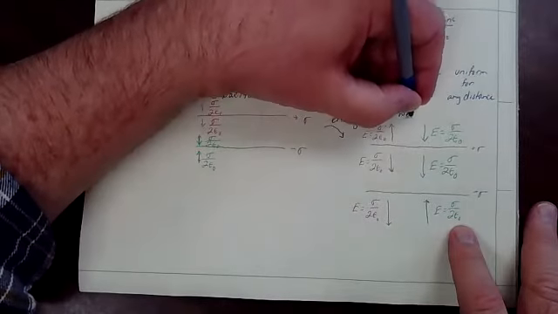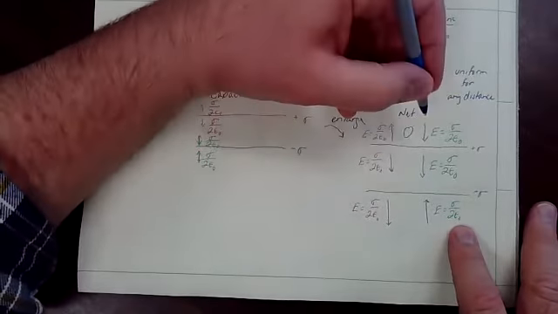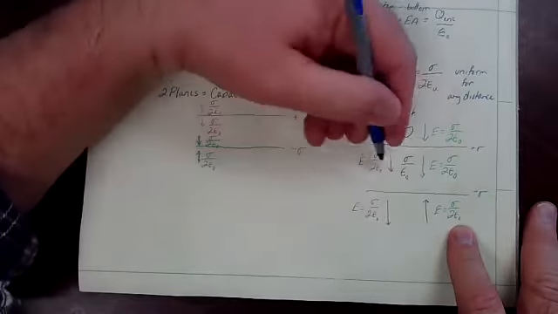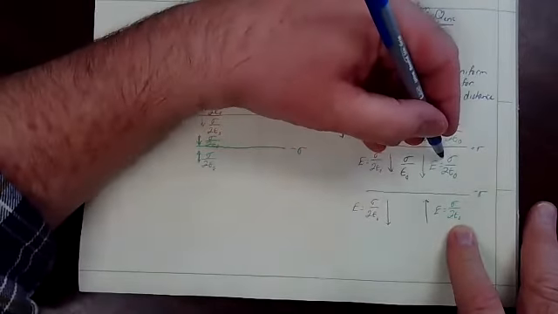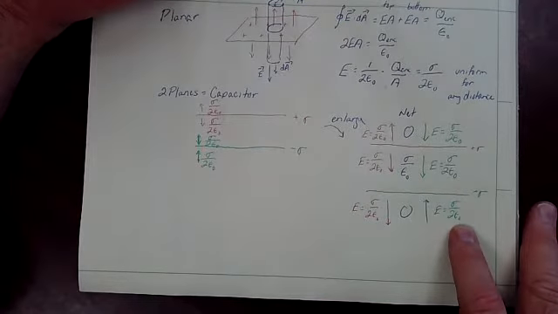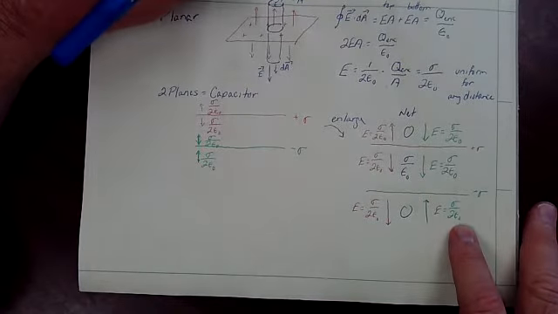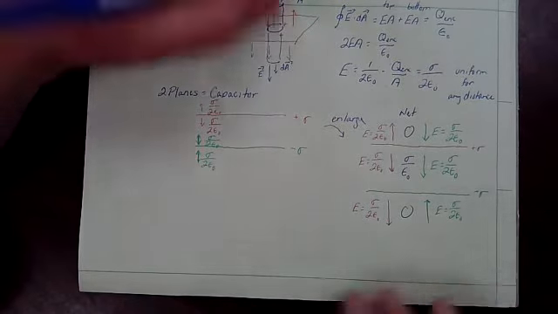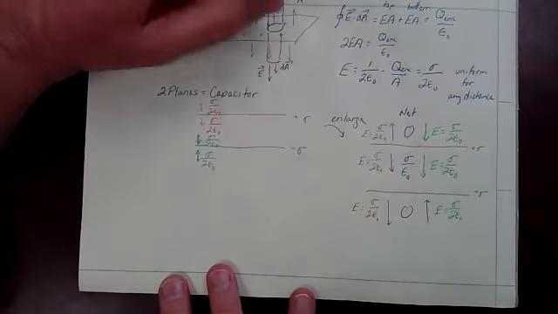So this is what our net electric field is: 0 on the outside, sigma over epsilon naught in between, because we added these together, and then 0. So there's an attractive force between these two.